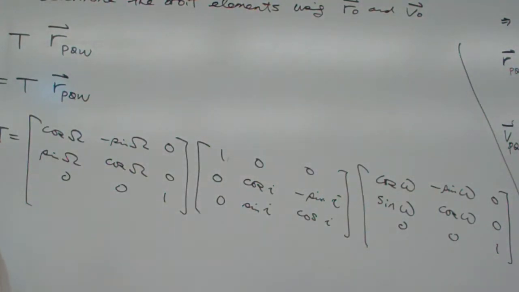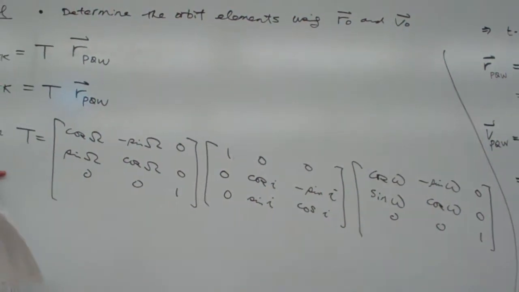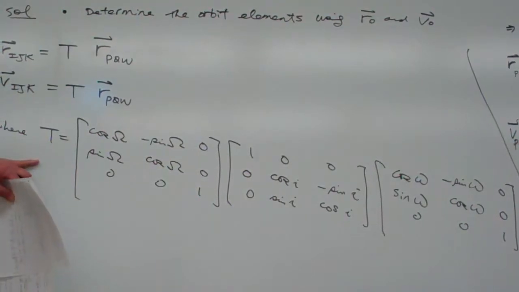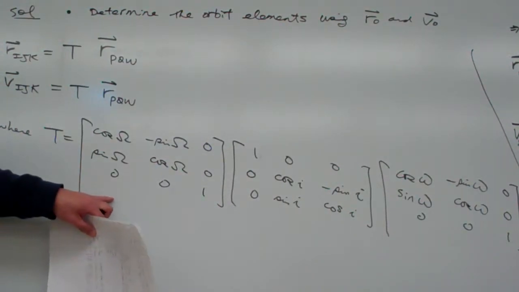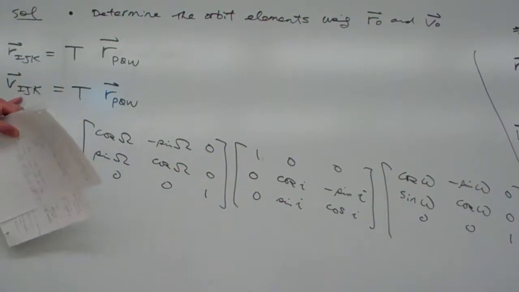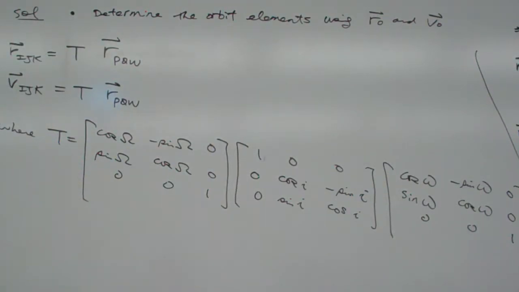This equation is on the cheat sheet, and it tells us the transformation between the perifocal system and the geocentric coordinate system.